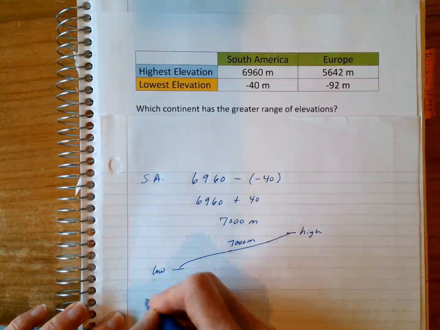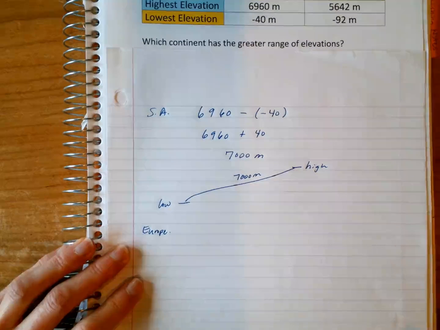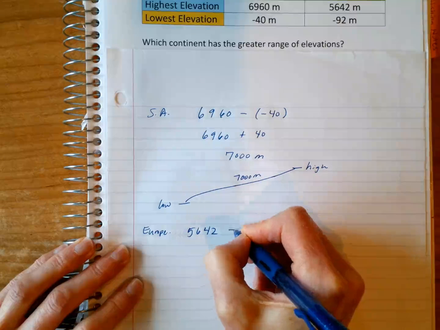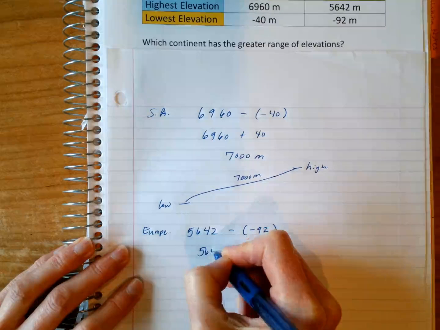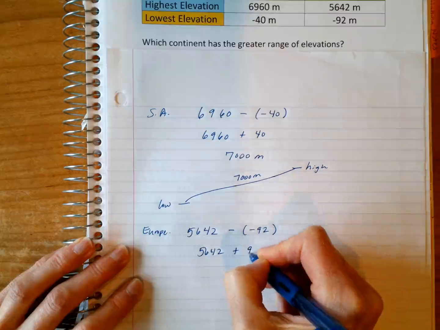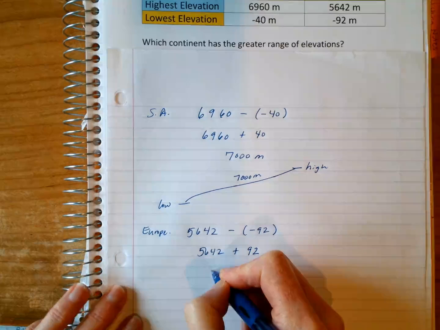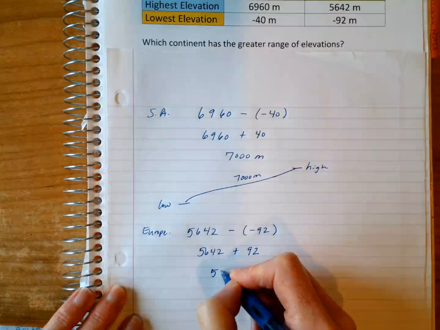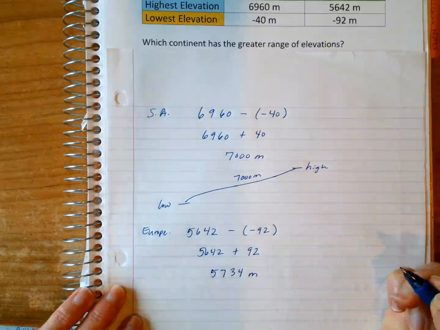All right, and then we'll move over to Europe. 5,642 minus negative 92. Add the opposite of negative 92, which is a positive 92. Add those together, and you are going to get a difference of 5,734 meters.